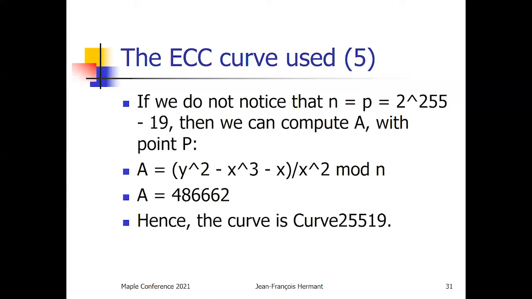If we do not notice that n is equal to p, which is equal to 2 to the power 255 minus 19, then we can compute a with point P. A is equal to (y squared minus x cubed minus x) divided by x squared modulo n, and we find a equal to 486662, and the curve is curve 25519.